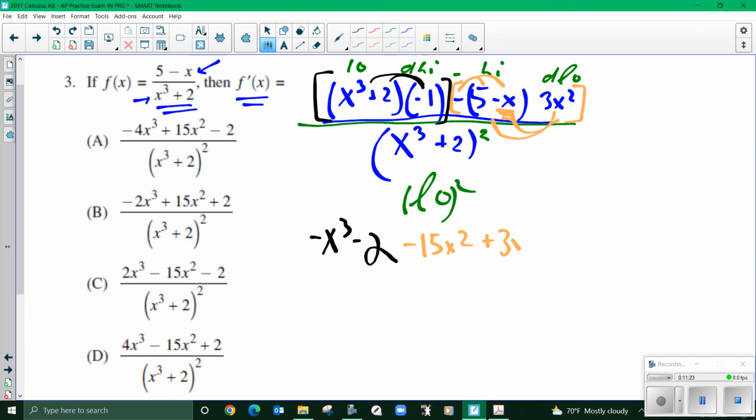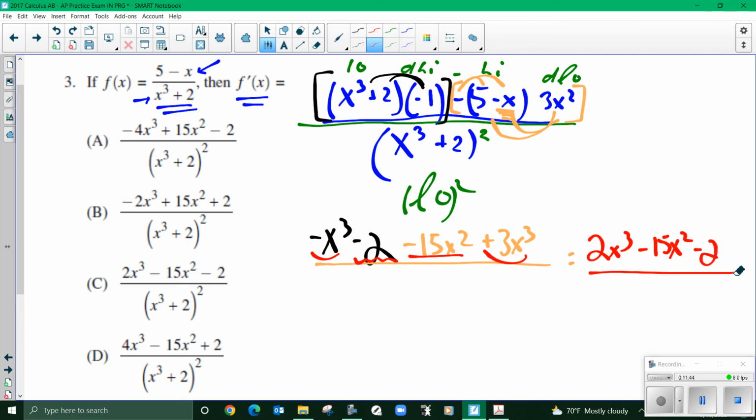So it's positive 3x cubed. This is just the numerator. And when I combine like terms, I have 3x cubed minus 1x cubed. It's 2x cubed minus 15x squared minus 2 all over x cubed plus 2 squared. And I see that right here for choice C.